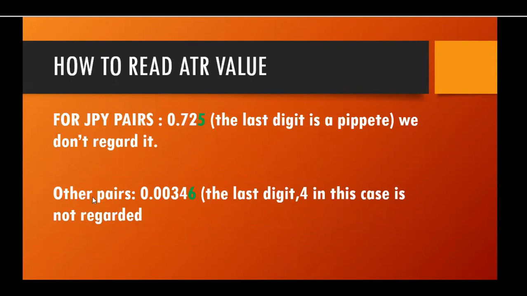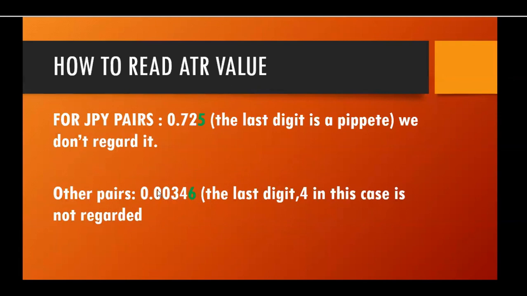Now for other pairs like USD, GBP, New Zealand, Kiwi, and the rest of them, after the decimal point, we usually have 5 digits. So the only ones that are of value are the 4 digits.